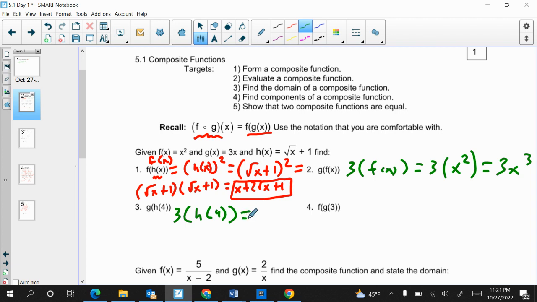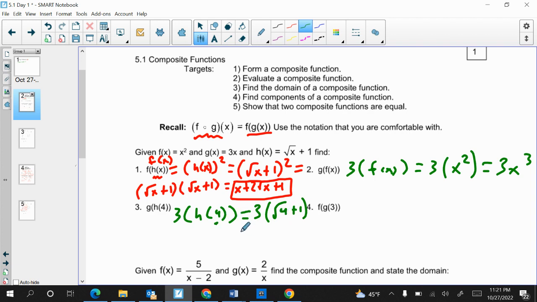Okay. And that is going to be equal to, well, h of 4. I normally have h of x. So 3 parentheses. H of x is the square root of, hey, x plus 1. Well, that x gets replaced with 4.